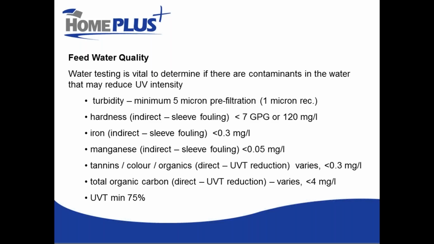So our guideline levels are generally 120 milligrams per liter for hardness, 0.3 milligrams per liter for iron, and 0.05 for manganese. Now those coincide, for the most part, with the normal aesthetic objectives that we target in our water supplies anyway, with the exception that the manganese aesthetic standard has now been reduced a little bit further to 0.02.